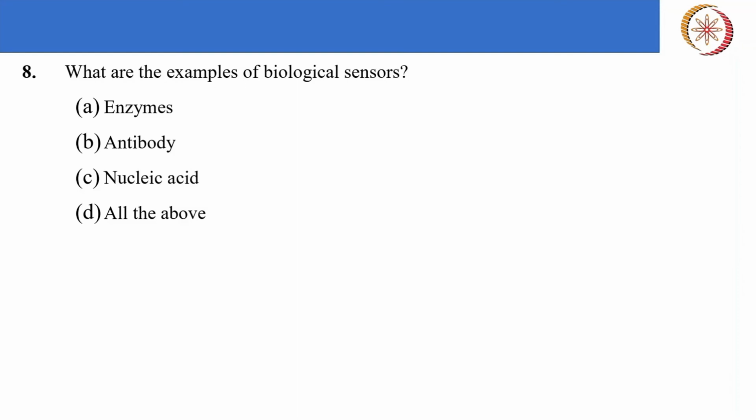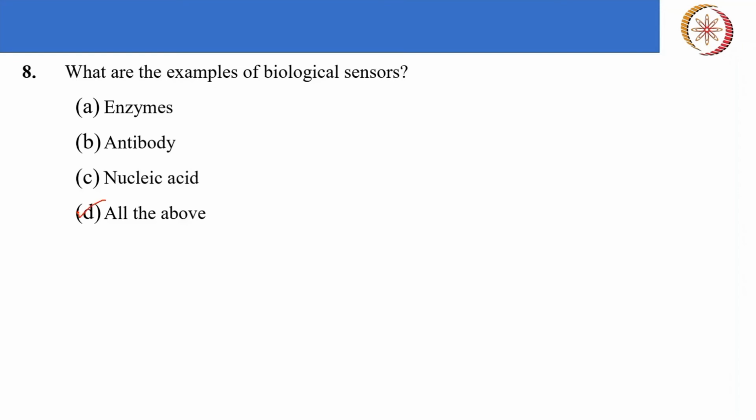That is, it may be an enzyme, or an antibody, or a nucleic acid. The biological element interacts with the analyte being tested, and the biological response is converted into an electrical signal by the transducer. So basically the answer is all of the above.